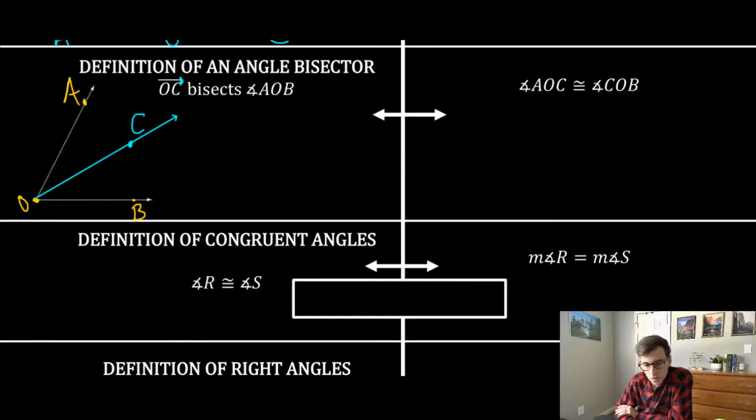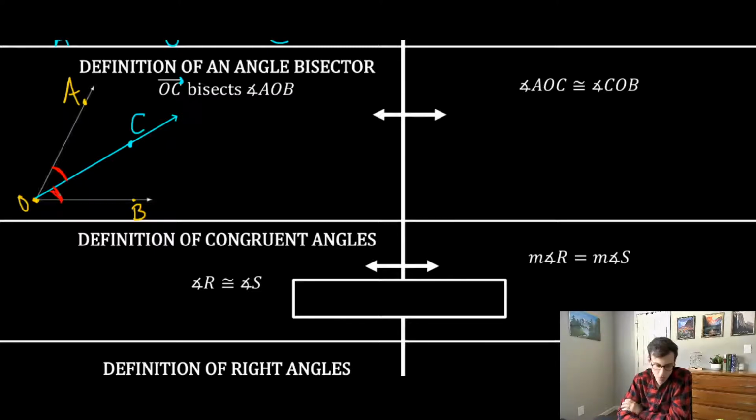Okay, so if OC bisects AOB, then this angle right here is congruent to this angle right here. AOC is congruent to COB.